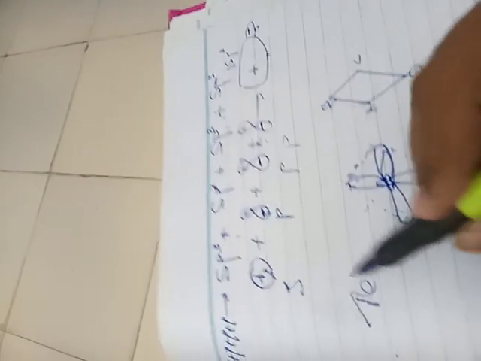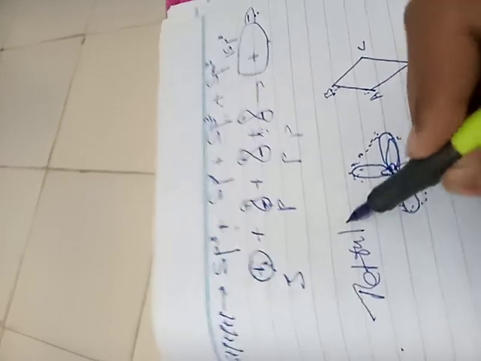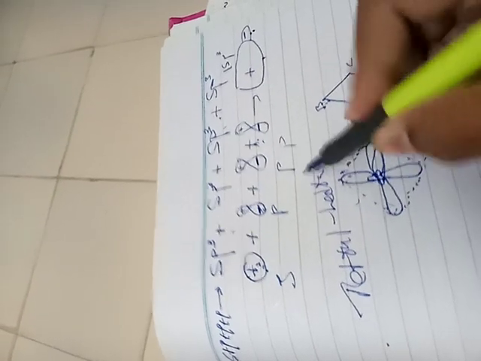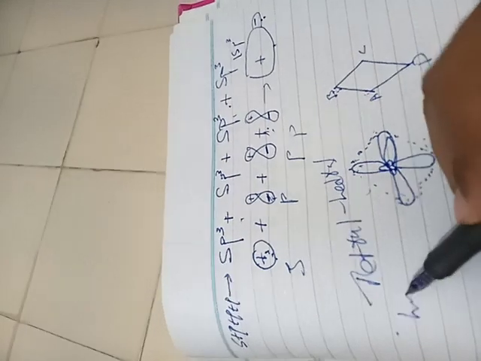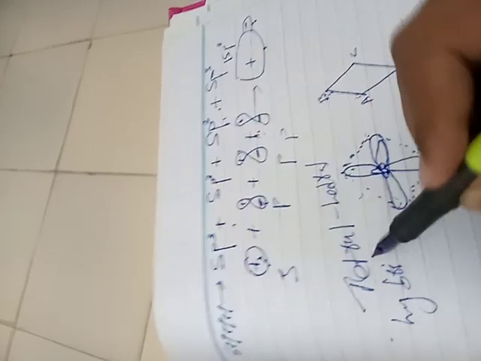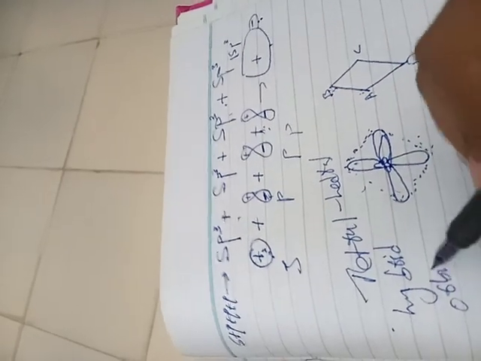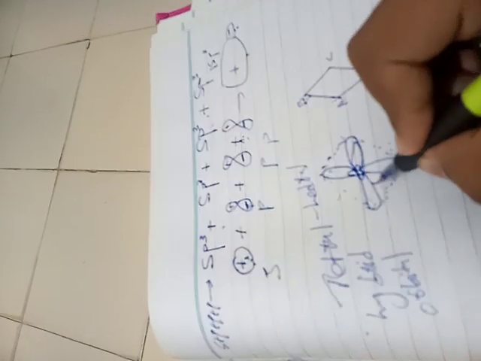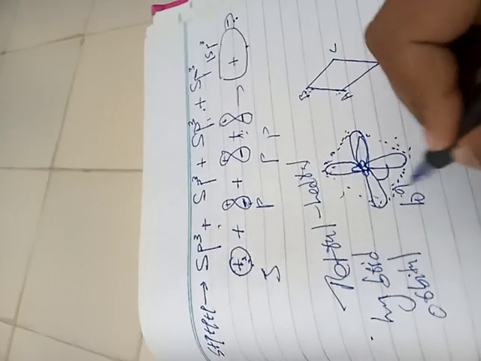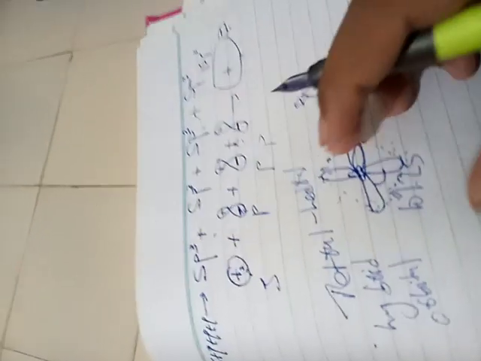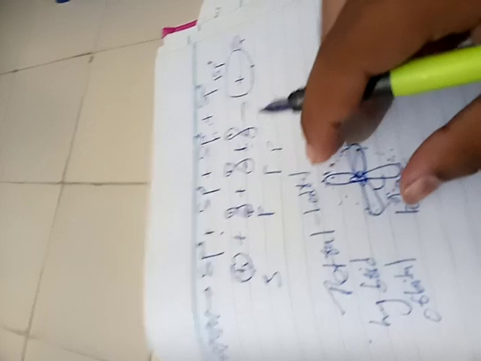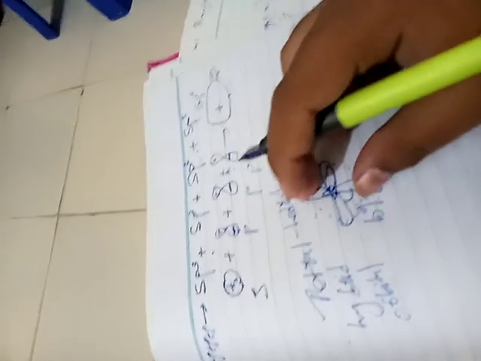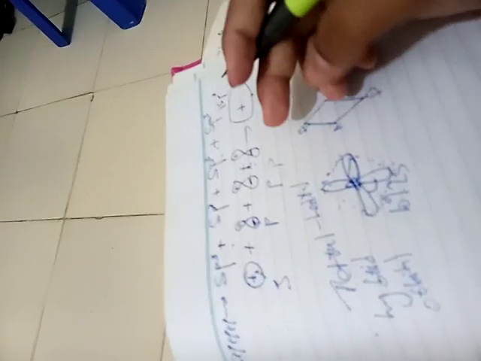That's why we have given this geometrical shape the name tetrahedral hybrid orbital. Now you will ask why it has an angle of 109.25. I would say that this one is a tetrahedron, and because of that, it forms an angle of 109.25 degrees.